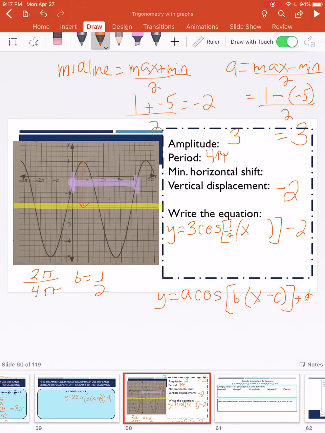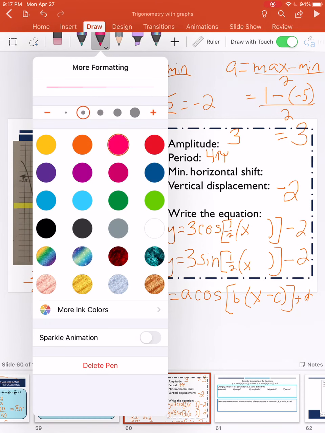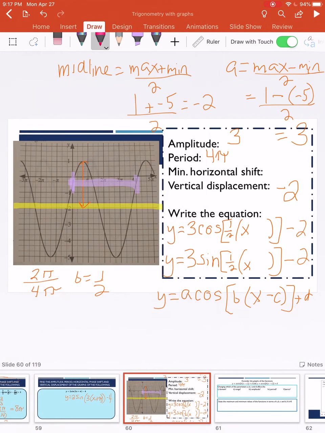So my equation is going to look like this, and it actually will look very similar, cos and sine. The only number which will change is that horizontal shift, and I'm going to show you how we figure that out in a second here. Whenever I'm finding horizontal shift, this is the toughest concept in the unit. It's easiest to know where you're comparing to.